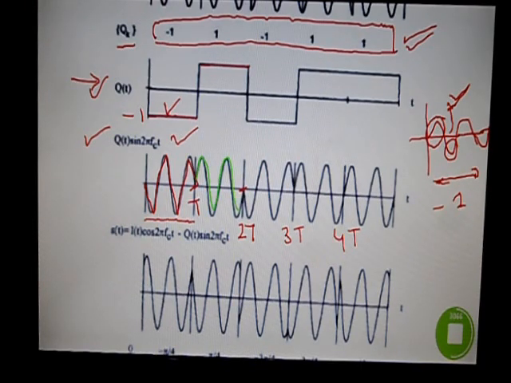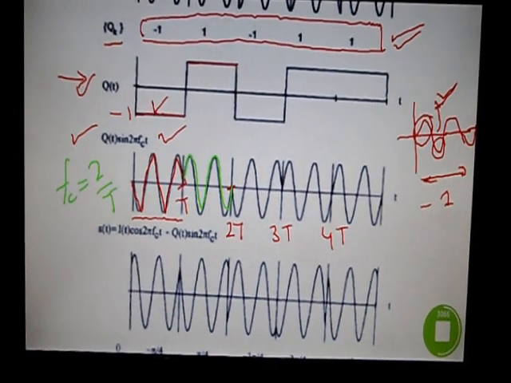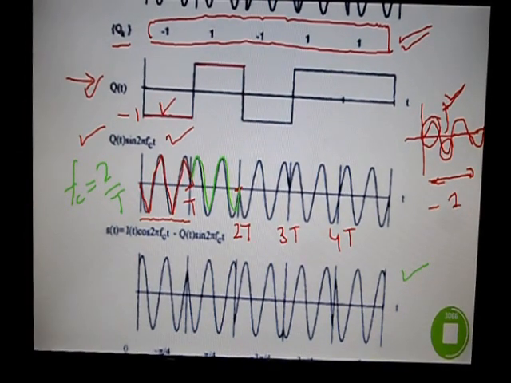So we get this sinusoid in the second interval, which is a multiplication of 1 and sine of 2 pi f ct. Again, fc is 2 cycles per time interval in this diagram as well. The last signal is the QPSK modulated signal.